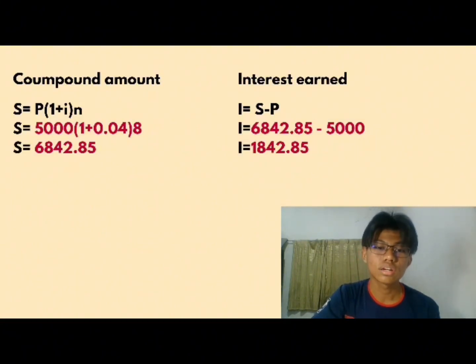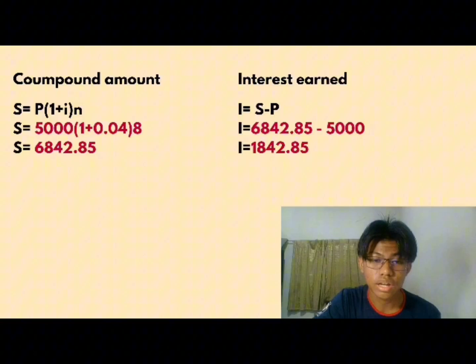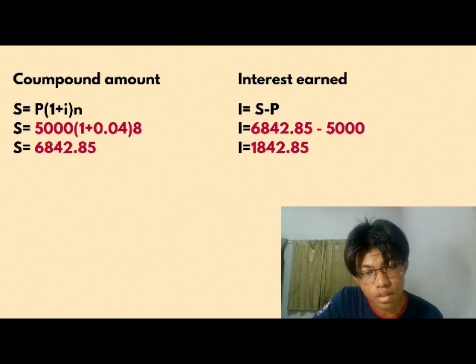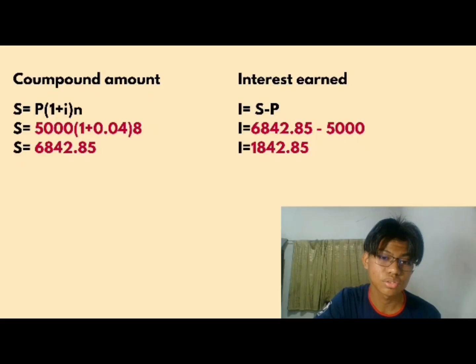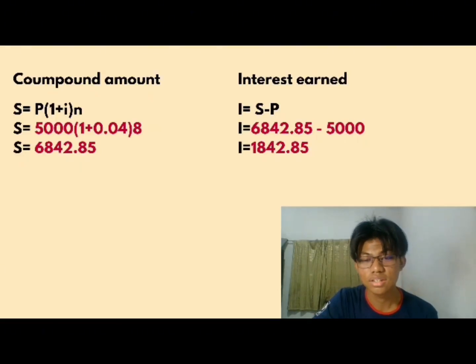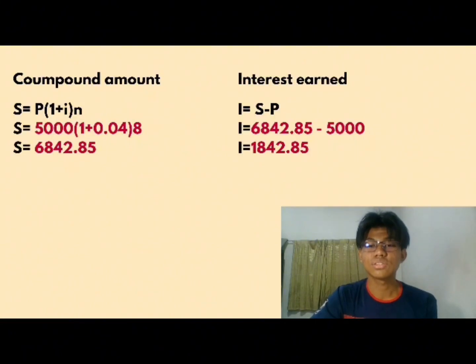So P is 5,000, i is 0.04, and n is 8. So we get 6,842.85. Okay, so next we can find the interest earned.